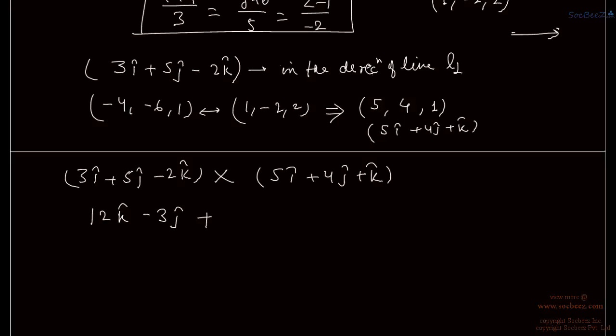Now 5j cross 5i, j cross i is minus k, so minus 25k. j cross j 0, 5j cross k plus 5i.